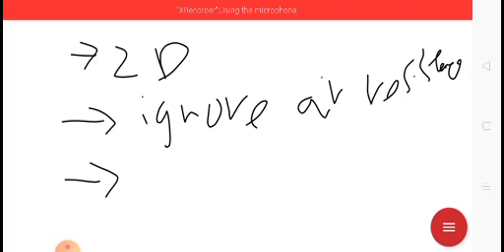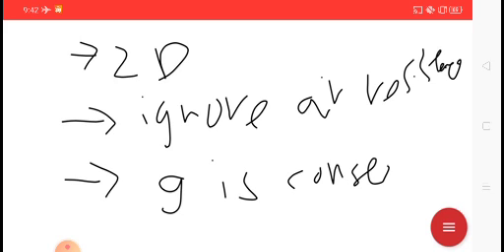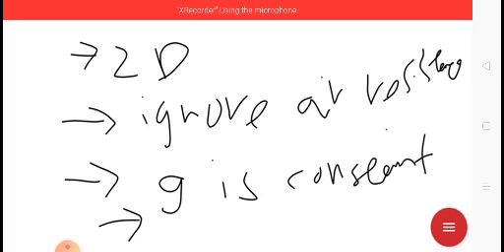Also, for this projectile motion, g is constant. So normally, for an item that travels from A to B, we assume that along the way, the gravity is constant. And the last one, the item is projected with no spinning.